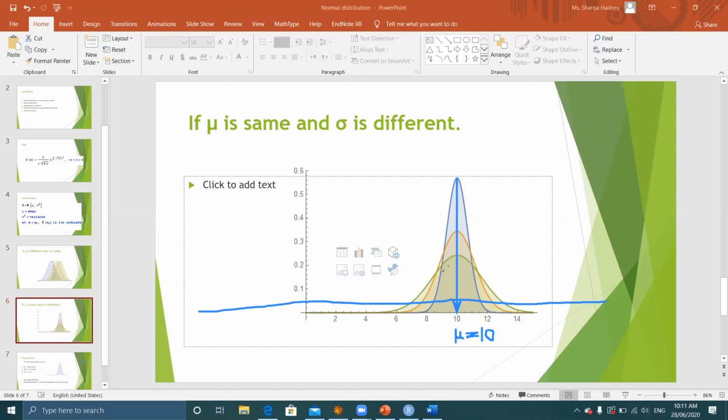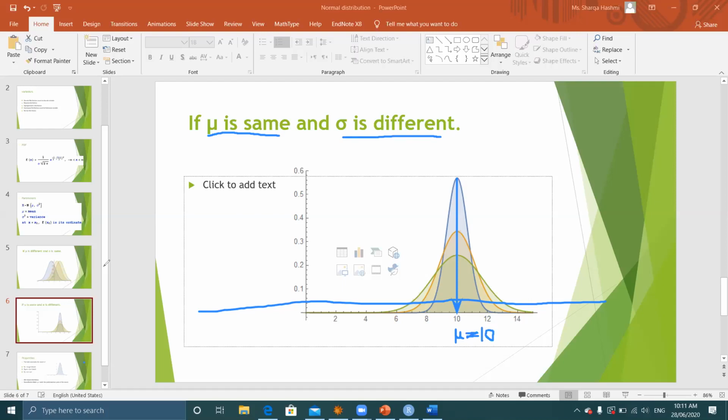You can say that it's flattened as compared to the center one and the first one. So three different shapes you can see here in this figure, and that's why I mentioned here mu is same, which is 10, and sigma in each shape is different. So this is another property of the normal distribution.